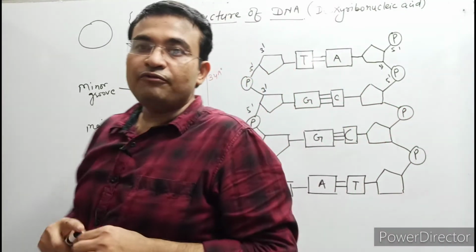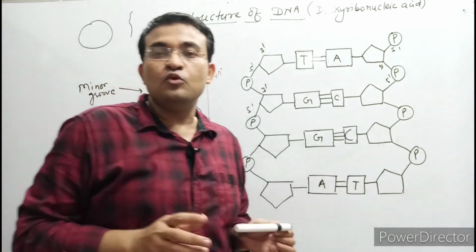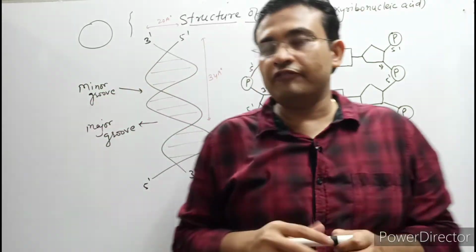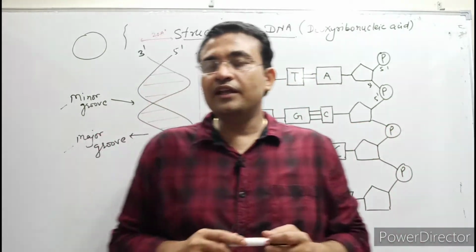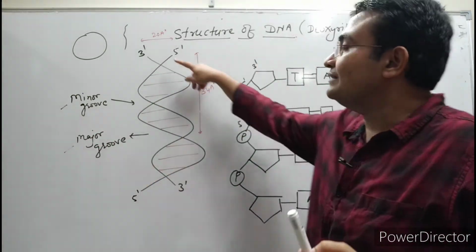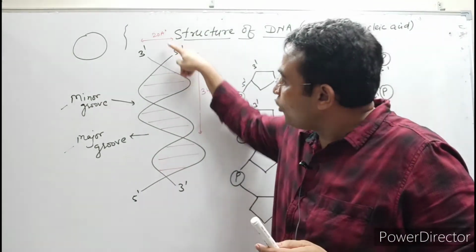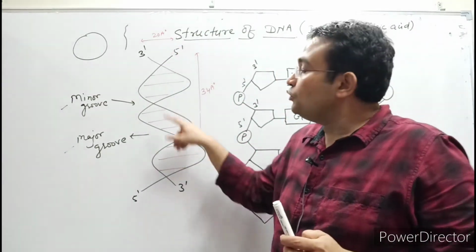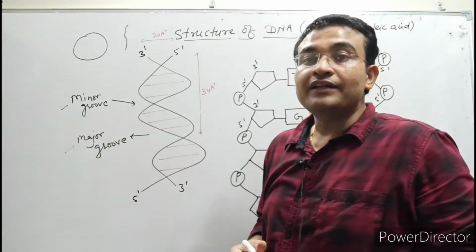Now we'll discuss the famous double helix model of DNA proposed by Watson and Crick in 1953. According to the Watson and Crick model, a DNA molecule has two parallel strands and they are spiral to a common axis. Due to this spiral coiling, a DNA molecule has two alternate grooves.